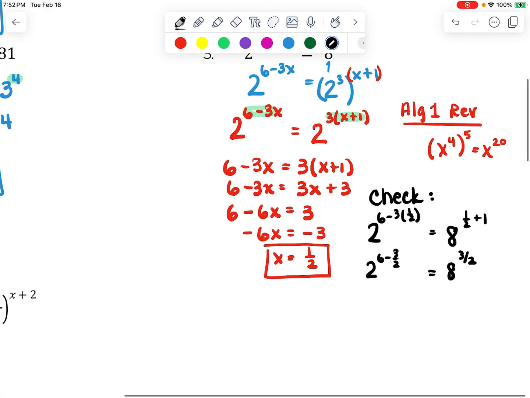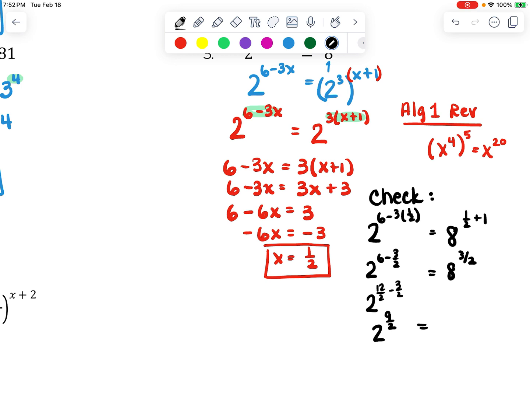Okay. And 6 minus, what is that? That's going to be 12. So 2 to the 12/2 minus 3/2 is going to be 9/2. So 2 to the 9/2.